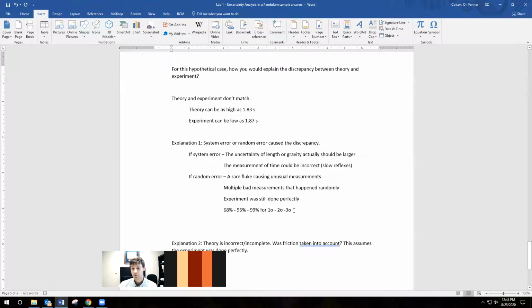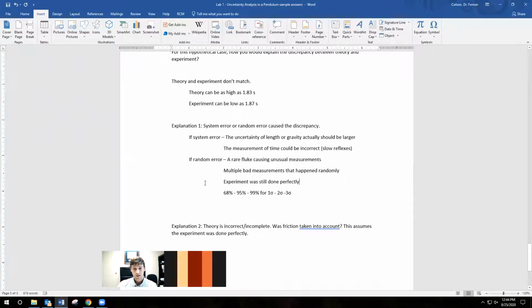The experiment was done perfectly, but yet we're still getting bad measurements. And so it could be random error, but you can evaluate what's the chance that it actually was random error. That's when standard deviation is useful, because you've heard of 1 sigma confidence interval, 2 sigma, and 3 sigma.